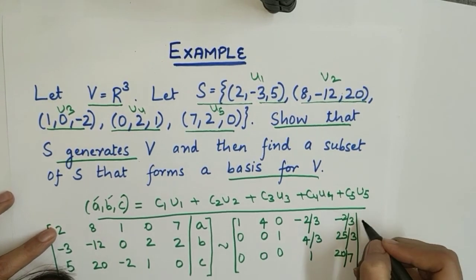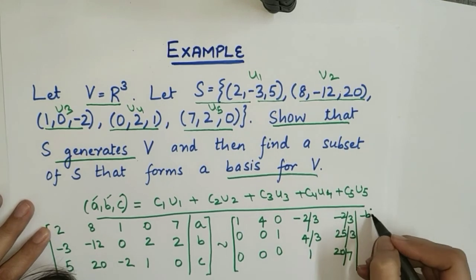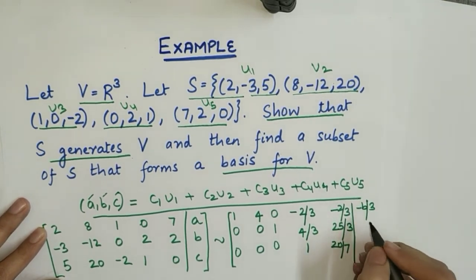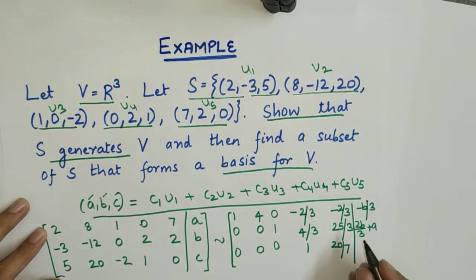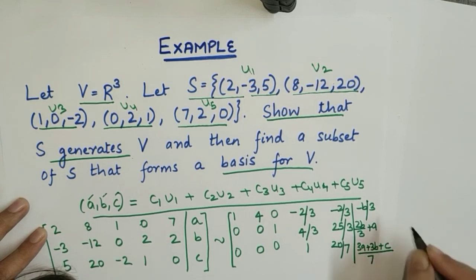-B/3, 2B/3 plus A, (3A plus 3B plus C)/7.